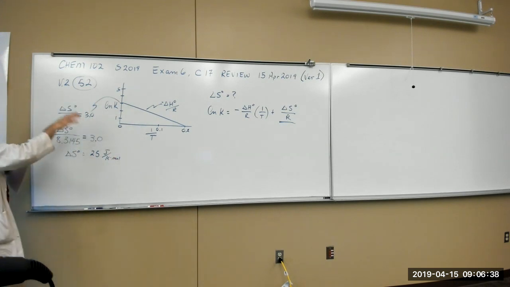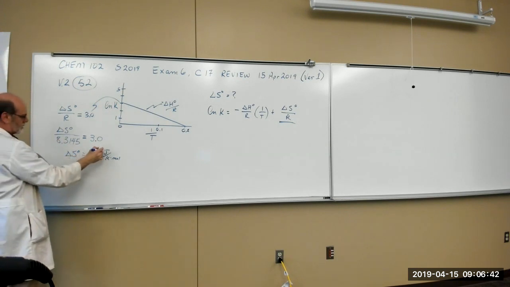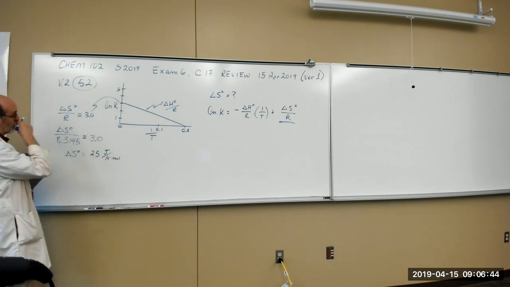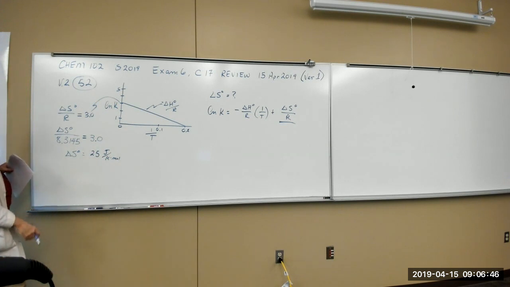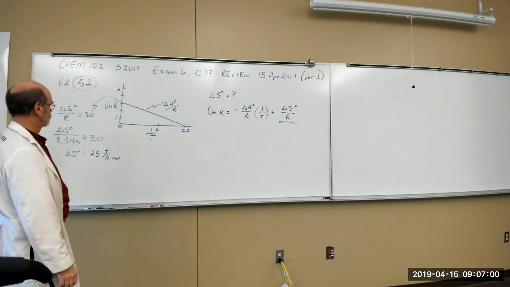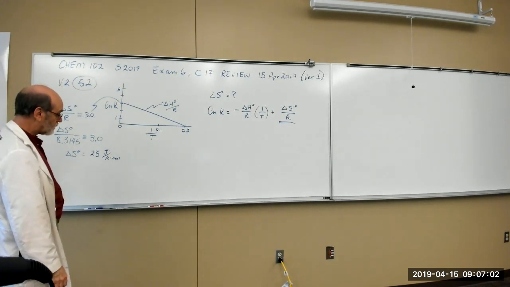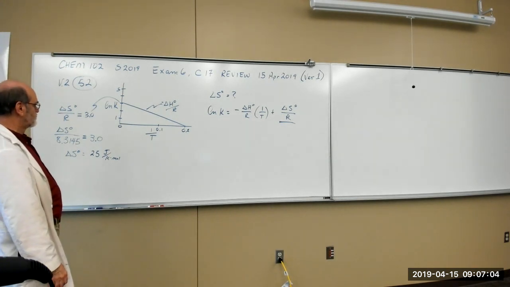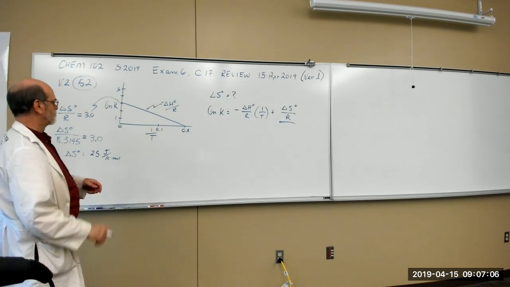And, right, that won't work unless all the units are similar. So it has to be joules. Okay, I confused myself. So how did you know, I guess, just on the graph in general, how do you know that the y-intercept is that change of?